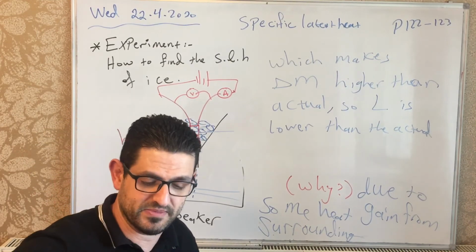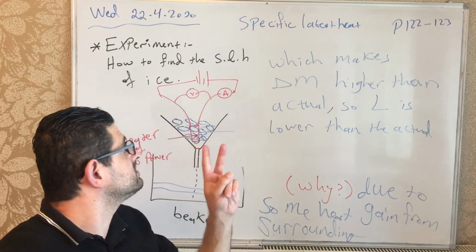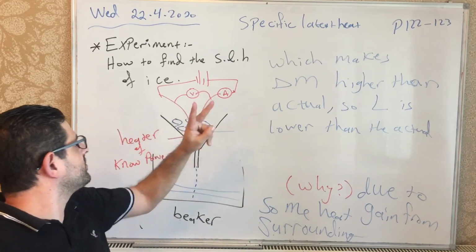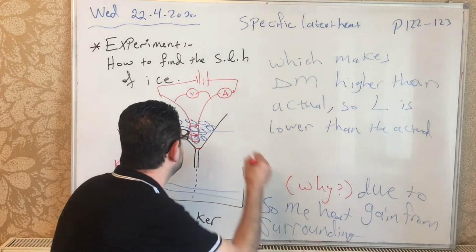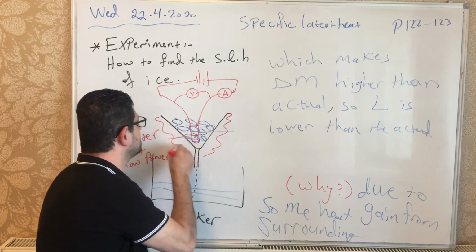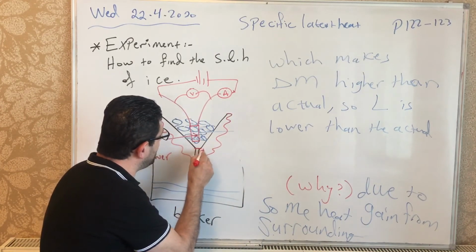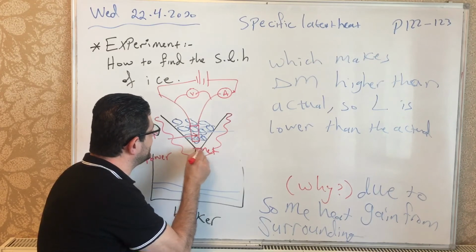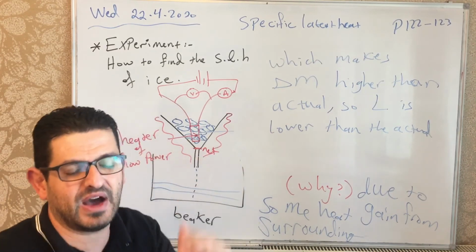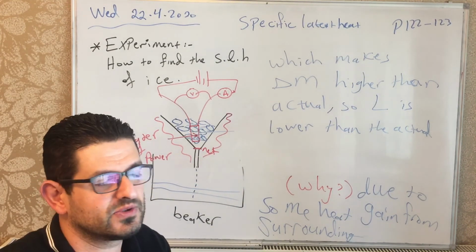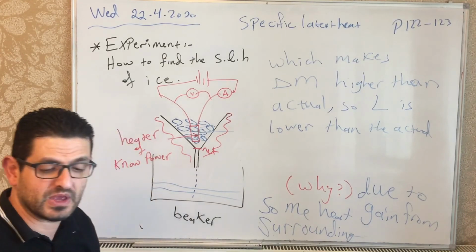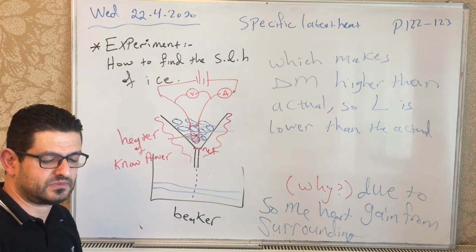This is another problem, okay? So to solve this, two things: use insulation here, put a net or gauze or anything at the neck to prevent ice pieces from falling into the beaker without being melted. Okay, everyone? Fine.